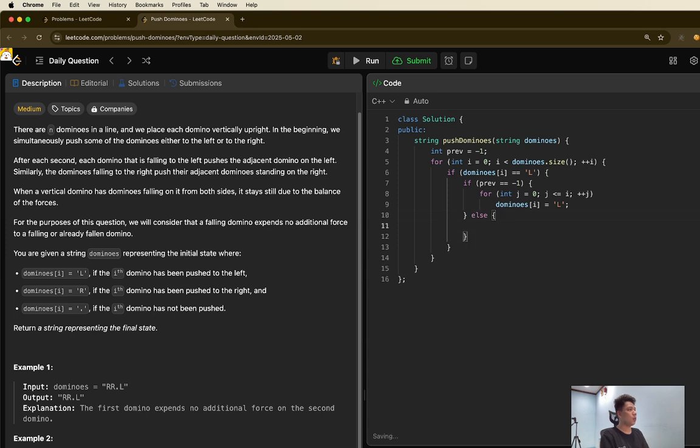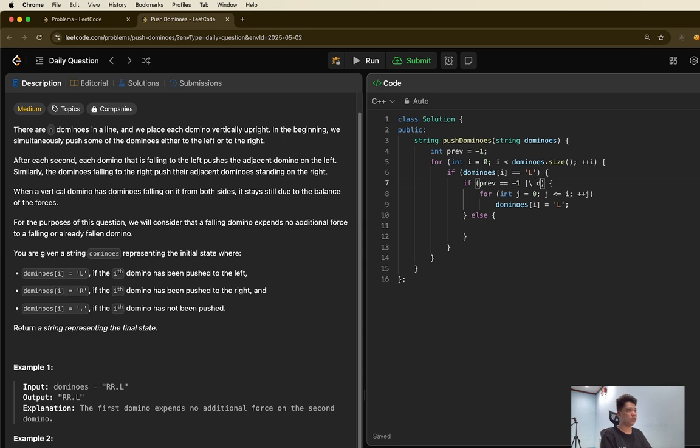Else, let's consider the case of left and right. The only case we need to consider is the left and right. If before it is left too, it's the same as this case. Okay.